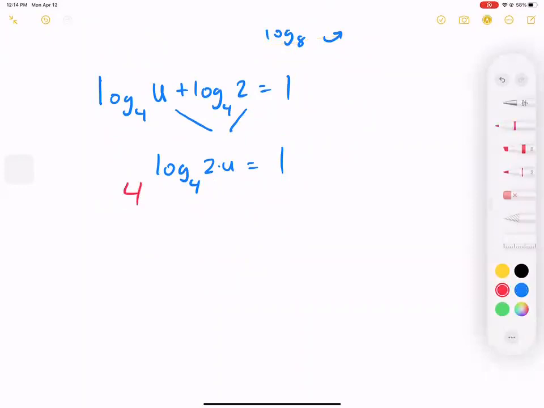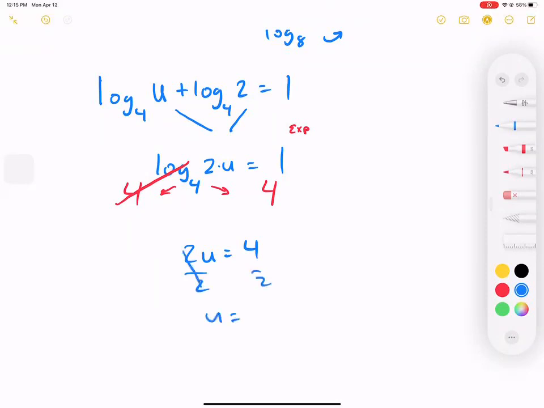If I try 4 to both sides, just a reminder, 1 is an exponent, so I'm just going to make them both exponents again with a base of 4. This cancels out, leaving you 2u is equal to 4 to the 1 power. And then we're going to divide both sides by 2.